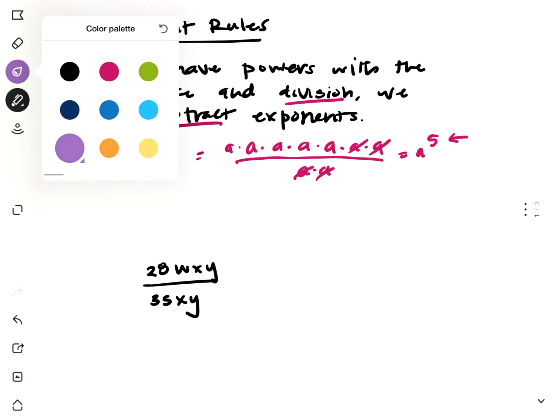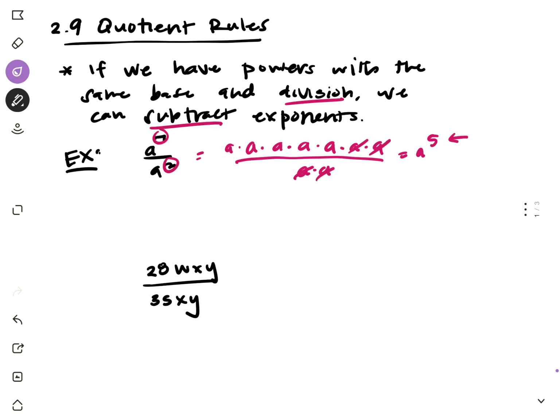All right, so let's jump into some more examples because that's pretty much it for today. In this example, we don't have exponents, so let's just cancel what we can cancel. So x cancels with x. Y cancels with y. We still have that w in there. And then we have to reduce this fraction because 28 and 35 can be simplified by dividing by 7.